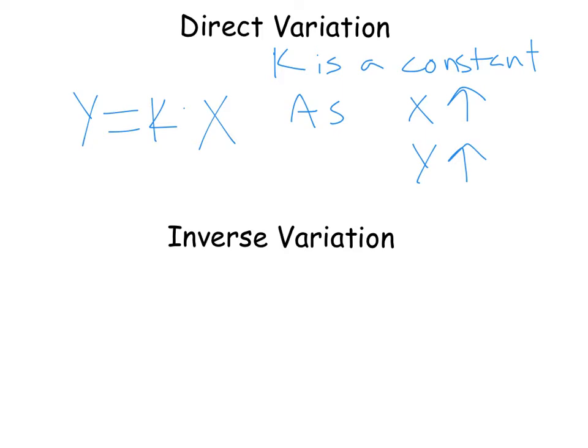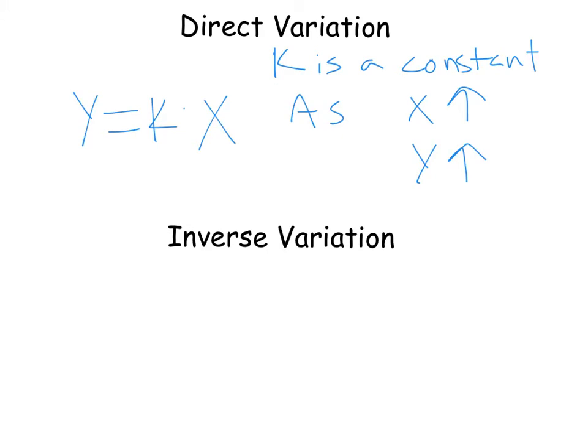Both examples were direct. You make more money in the state of Pennsylvania, your tax deduction is bigger. Okay, it's 3.07% of whatever you made. That goes up, the tax deduction goes up. The example with the ball rolling, as t goes up, so did d. The more time that went by, the farther the ball rolled.